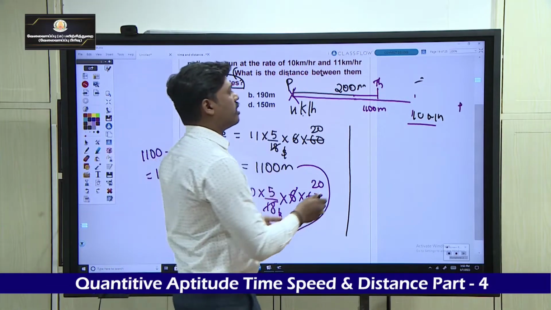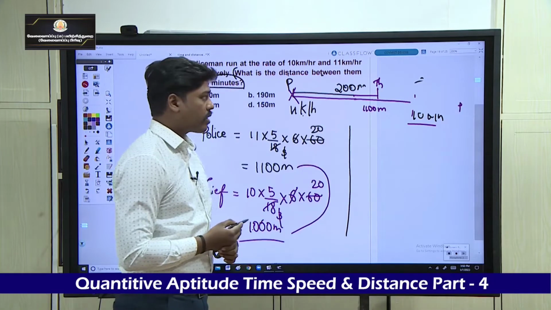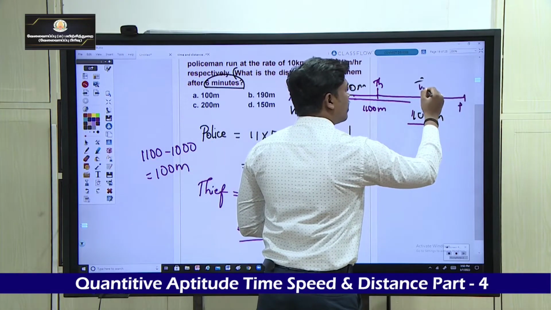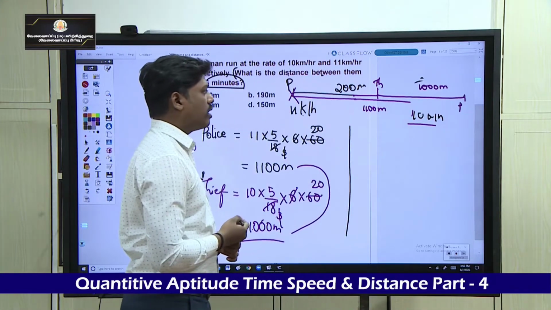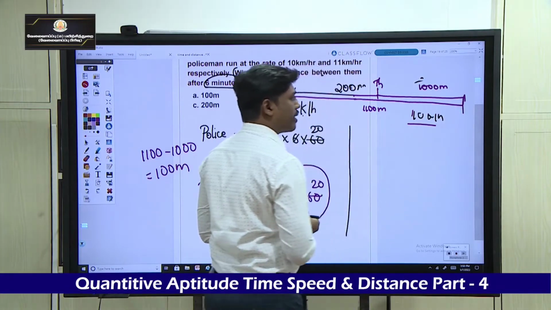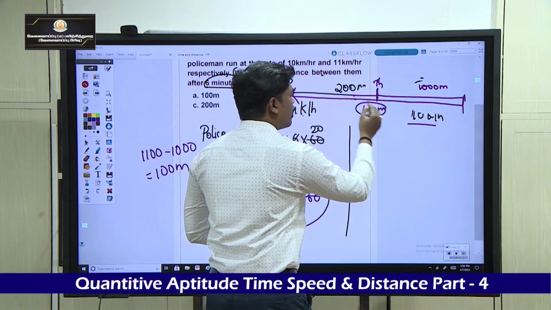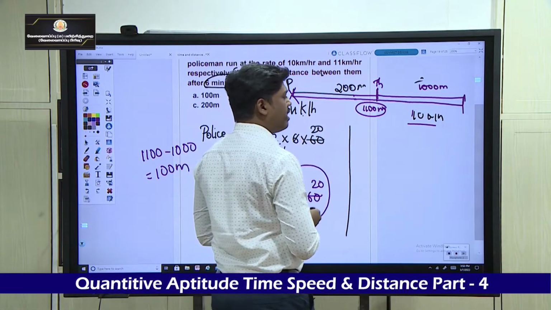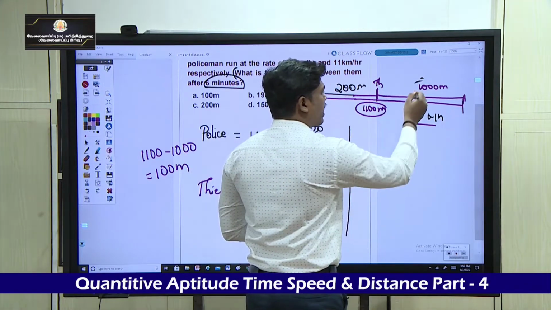Look at here. Previously, the distance between them was 200. The thief has run 1000 meter here. The police has run 1100. So, 1100 minus this 200, you will be getting 900.